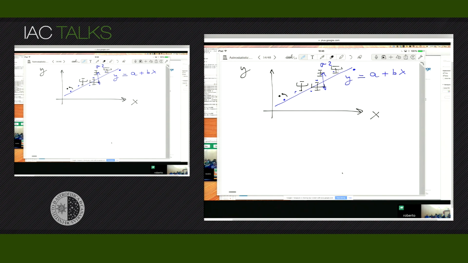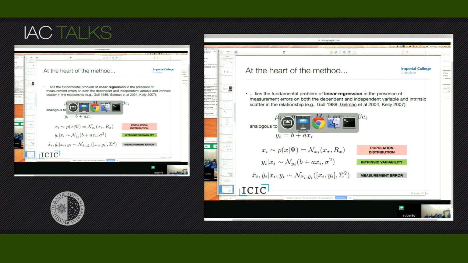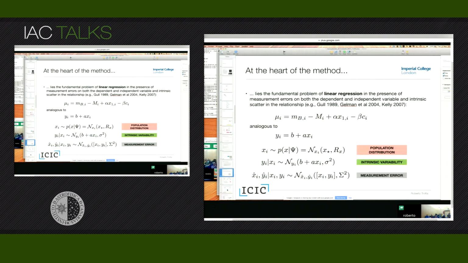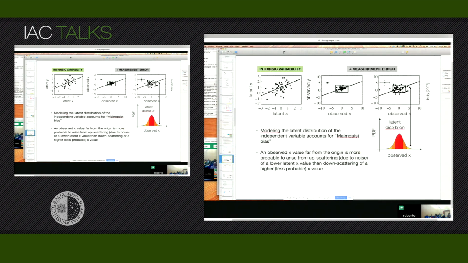And so the principled Bayesian solution is to model this as a hierarchical model of the kind that I just mentioned.